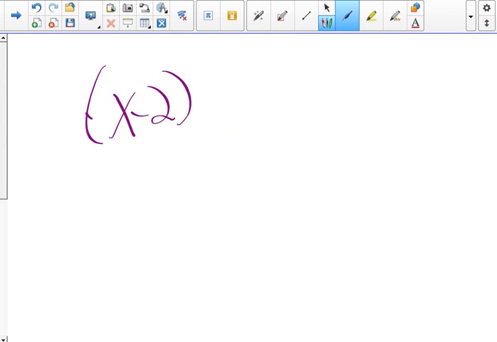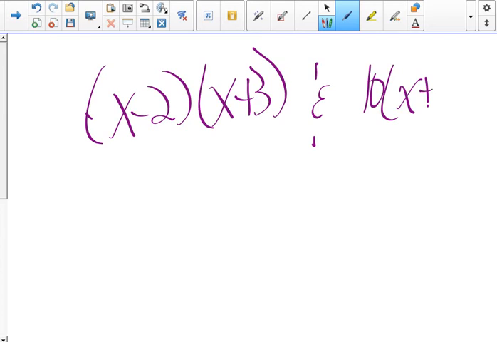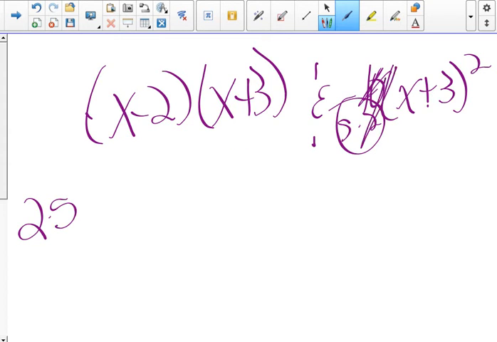x minus 2 times x plus 3. And then they give us 10 times x plus 3 squared. Well, the only thing we can factor out is 10, which is just 5 times 2. But look, there's no other coefficients to share anywhere. So we've got 5 times 2, or 2 times 5, so that one's done.